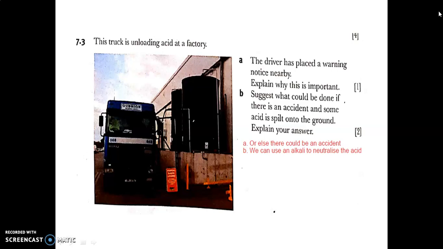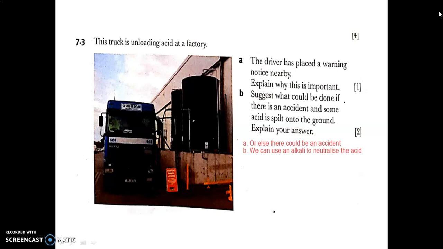B is, suggest what could be done if there is an accident and some acid is spilt onto the ground. Now, in case by chance there is an acid that is spilt on the ground, explain your answer. What would we do?